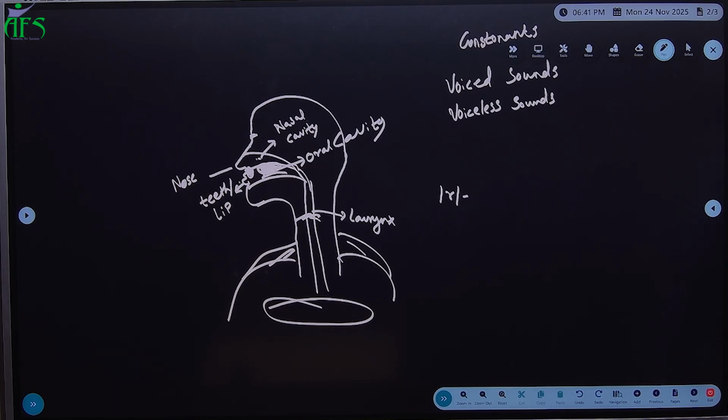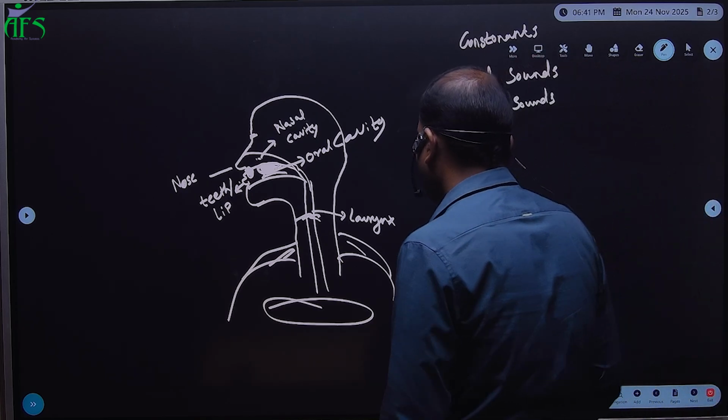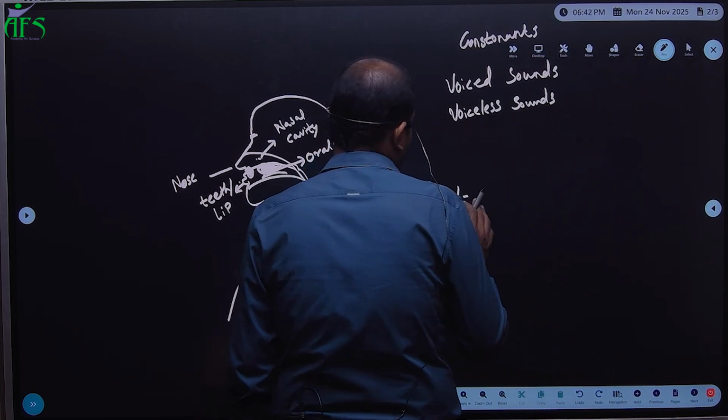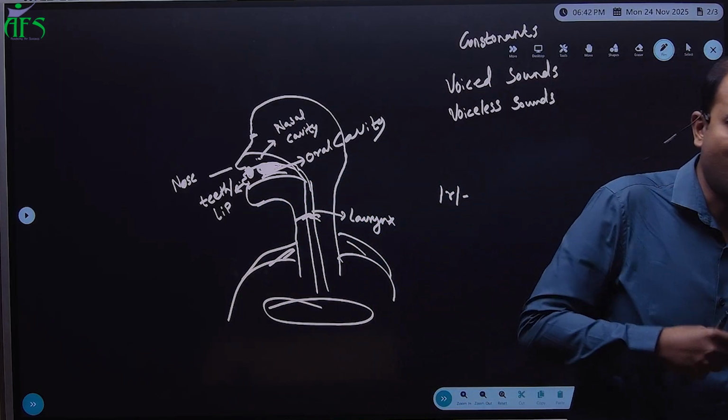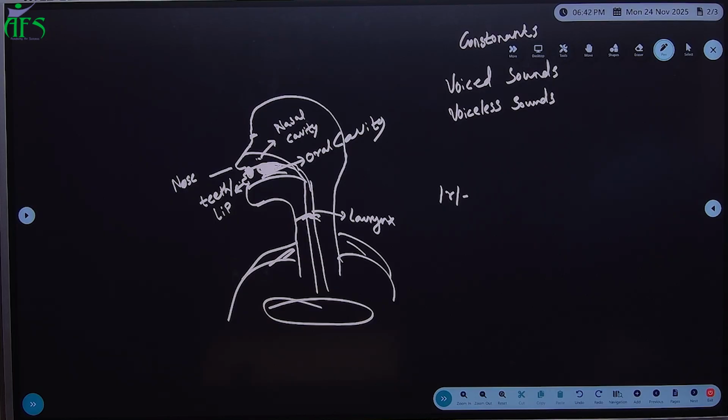Then come palatal sounds. Palatal sound means related to the hard palate. The sounds that are articulated when the tongue makes contact with the hard palate on the roof of the mouth are called palatal.